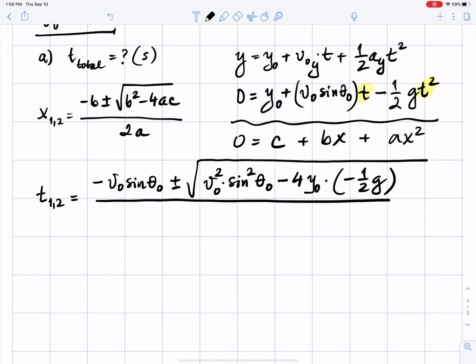Now all of this is divided by 2 times a, which is negative 1/2 g.